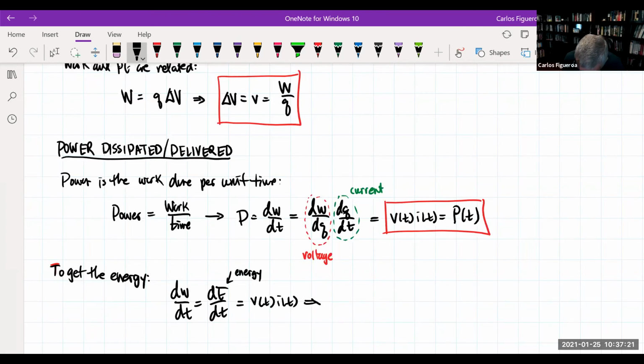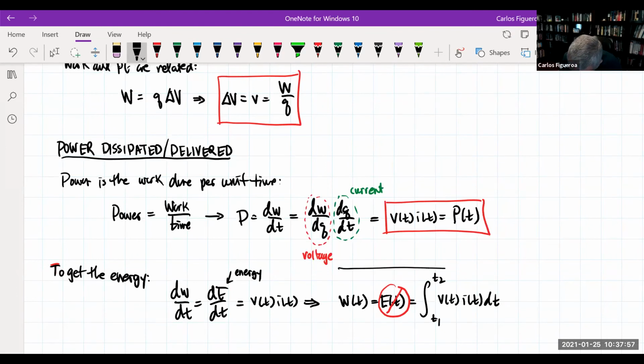So if we want to get the energy or the work, it's common in circuits not to write E for energy, but to write W for work. Work and energy are effectively the same, according to the work energy theorem. So then this has to be the integral of these guys right here, and over some time interval, this is the energy.